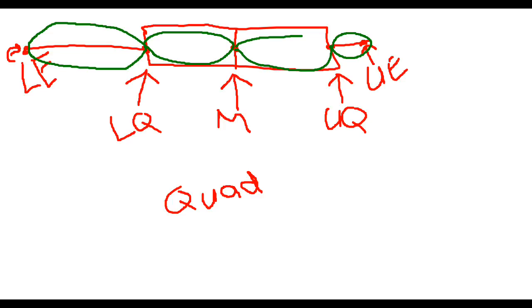So 25% of the data falls into this part right here, and 25% falls into this part right here, and 25% falls into this part right here, and finally 25% falls into this part right here. And that makes sense because 25 plus 25 plus 25 plus 25 equals 100% of the data. So all of the data is being represented, and it's a matter of which quartile is which.